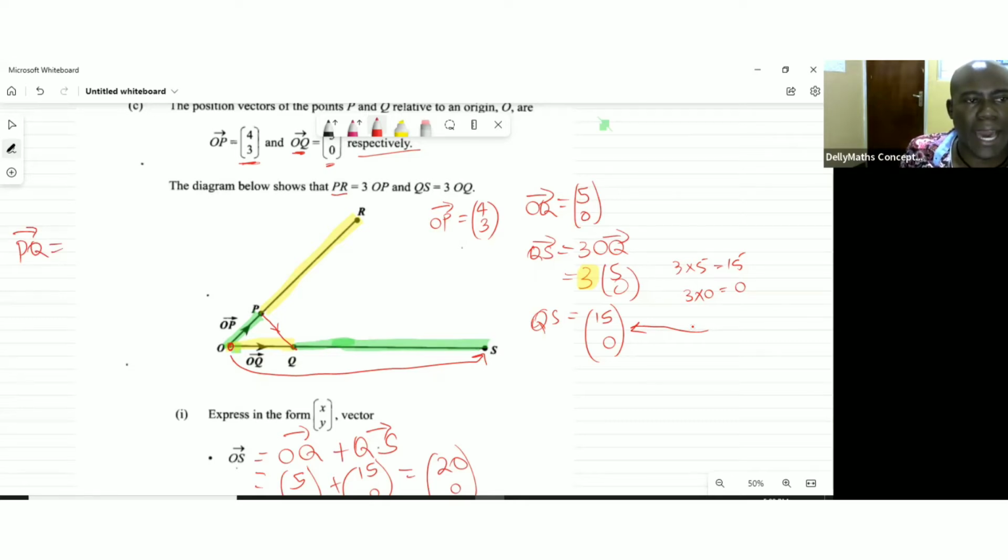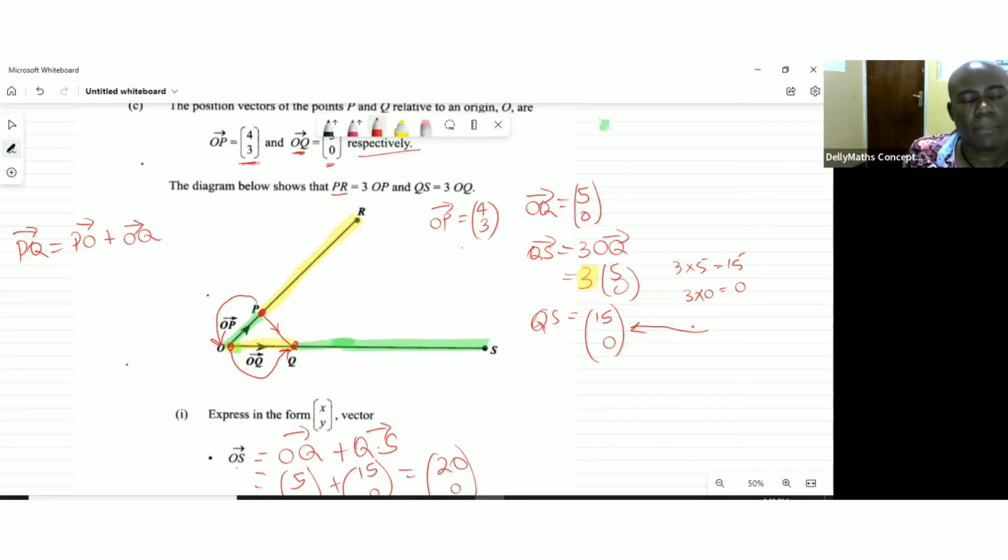If I want to move from P to Q, I will travel from P all the way to O, and then from O to Q. So PQ is equal to PO plus OQ.